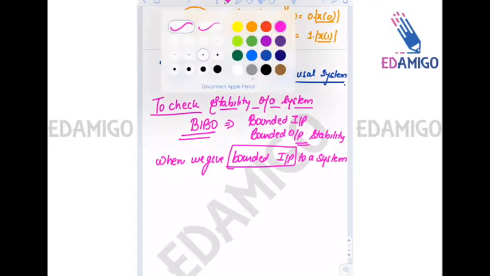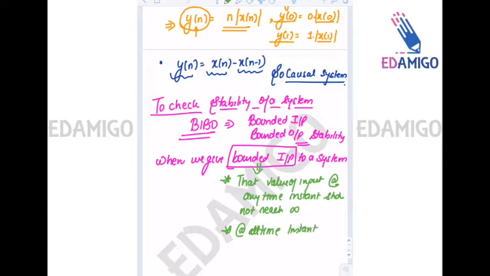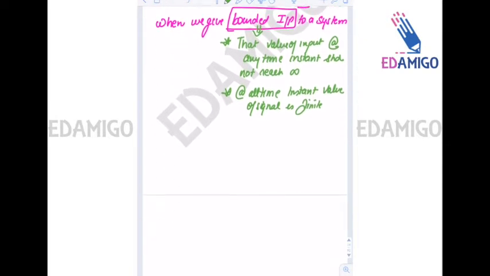Bounded input means that the value of input at any time instant should not reach infinity, or we can say that at all time instants the value of the signal is finite. So that is the meaning of a bounded signal.